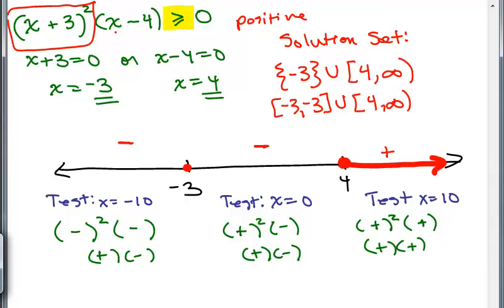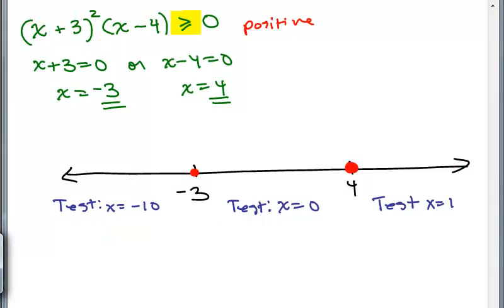So the thing I really need to check is this x minus 4. So let's see if you would have reasoned that out ahead of time, how you could have done this problem just a little bit faster. So here we are again. We've got x plus 3 quantity squared times x minus 4 greater than or equal to 0. And so we're looking for what intervals make us positive. So we still start out the same.